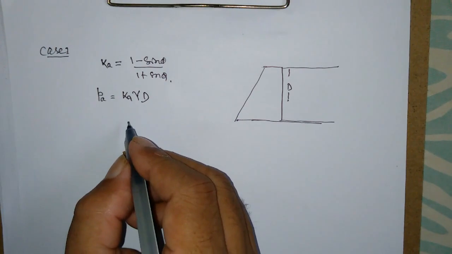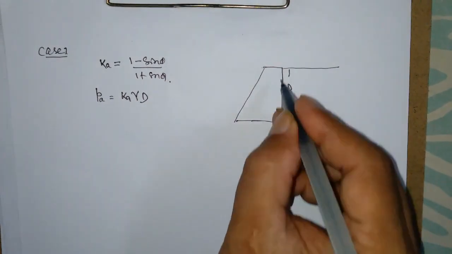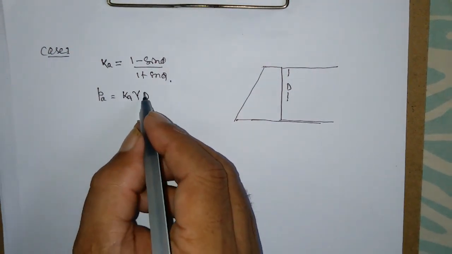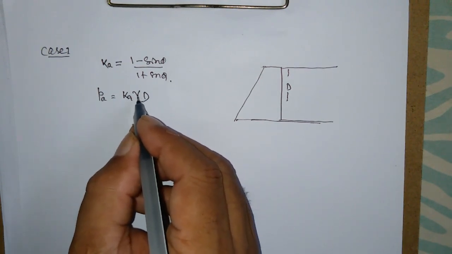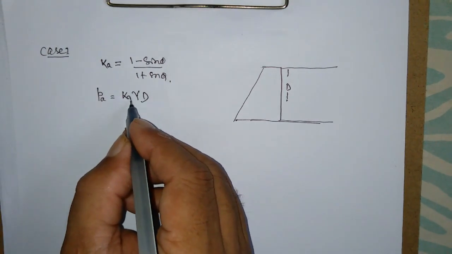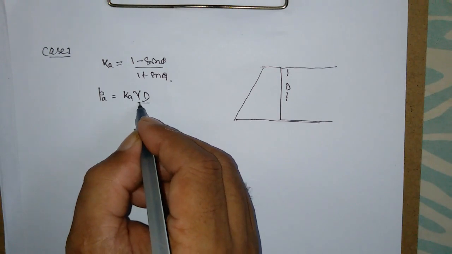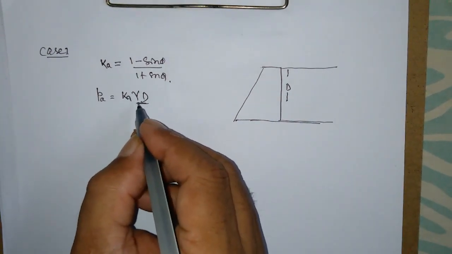So it is noted that the active earth pressure at any point along the face of the wall is nothing but the vertical pressure or load at that point multiplied with the coefficient of active earth pressure. This gamma D is the vertical pressure at that point. So at different points, gamma D changes.